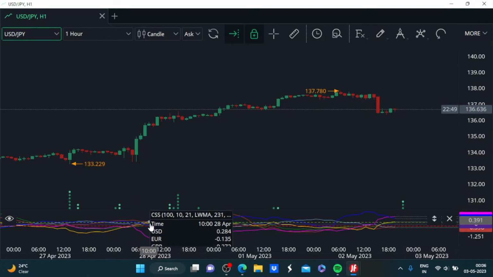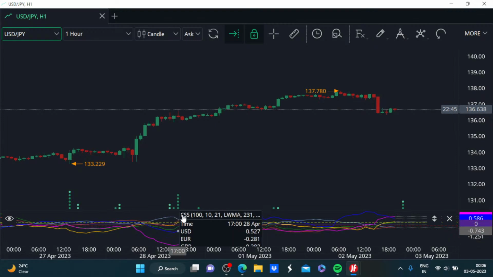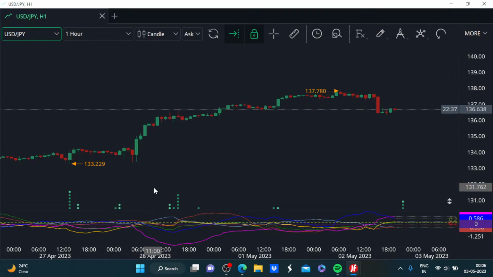As a result of that, here we got this divergence where the Japanese yen was trending in a bearish manner, and not only bearish, it was strongly bearish, and that is quite evident from this chart.